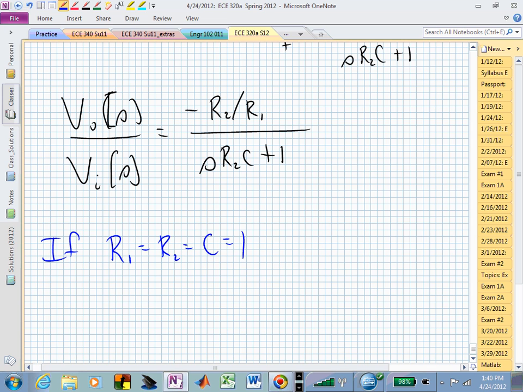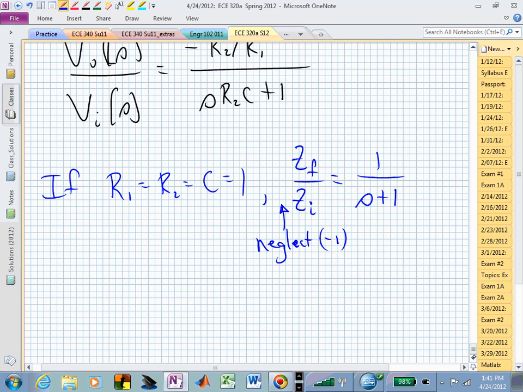If we now look at R1, R2, and C being equal to 1, and I neglect the minus sign, what's Z sub F over Z sub I? 1 over S plus 1.